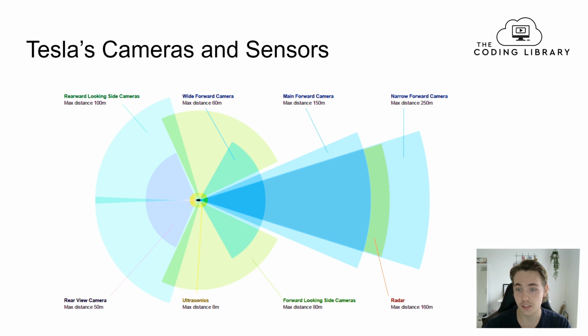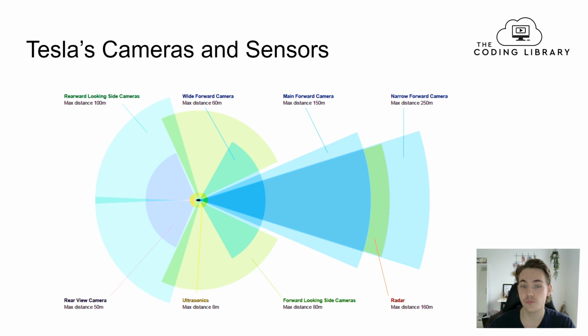Tesla uses this narrow front camera that has a longer distance of 250 meters, and then it has this radar that can estimate how far away other cars are, and also how fast they're moving. They use this narrow forward camera together with the radar to detect the depth of the other cars in the image, and also a lot of other different kinds of stuff.